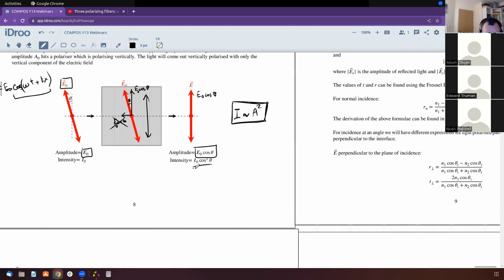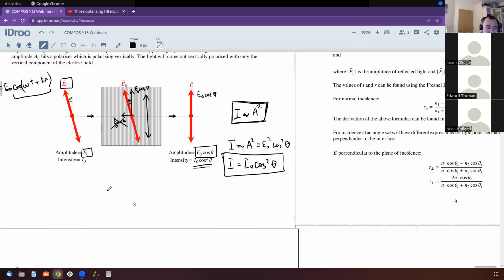The intensity is proportional to the amplitude squared, which is E0 squared cos squared theta. So basically, the intensity is the initial intensity times cos squared theta. This is the intensity of light that passes through a polarizer. Quite a simple formula.